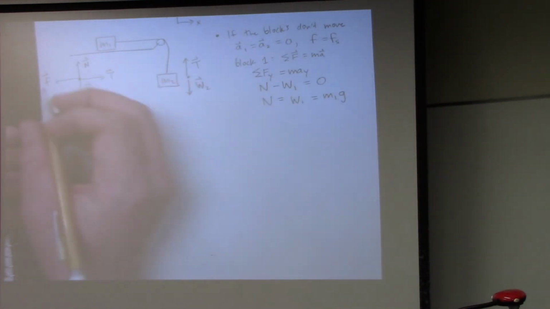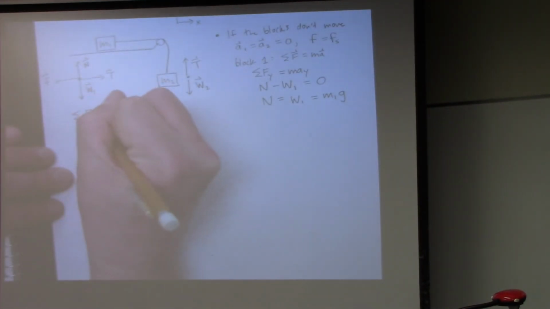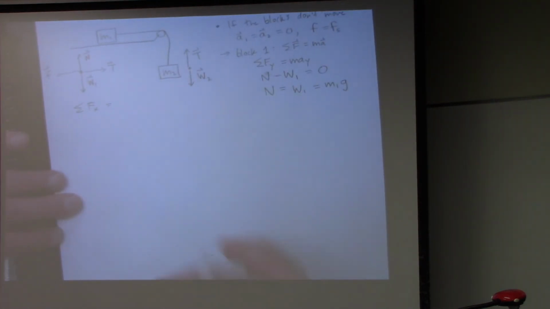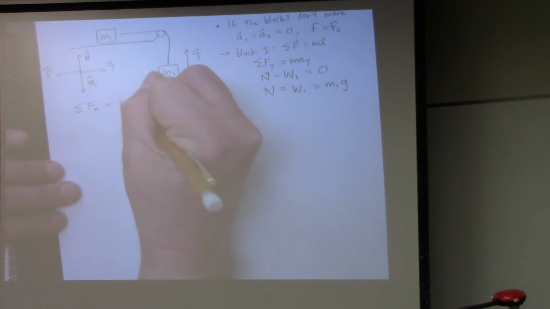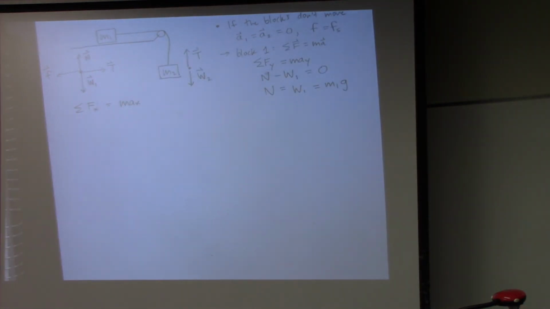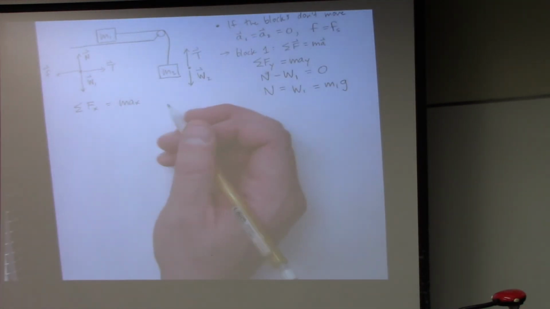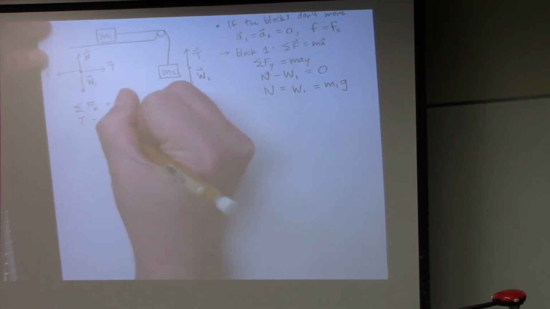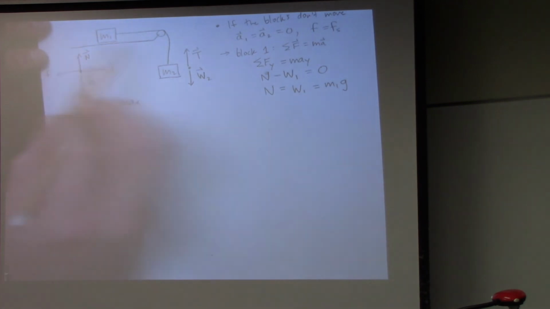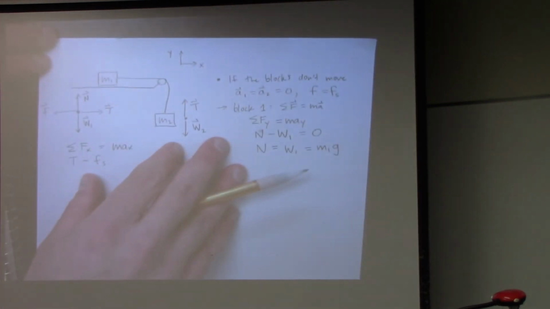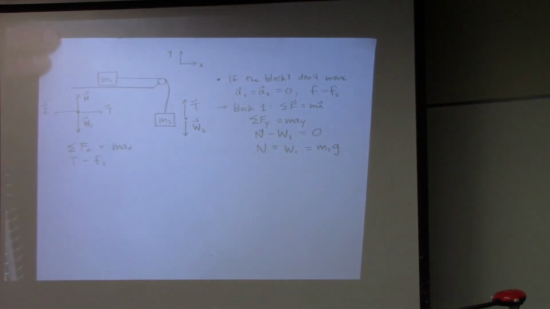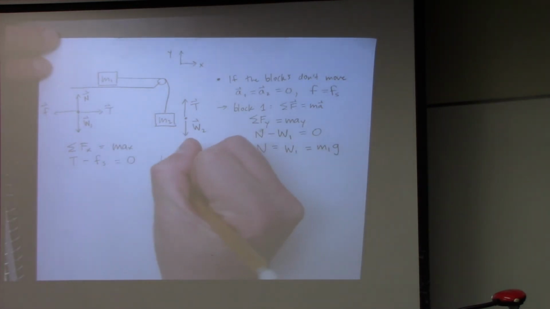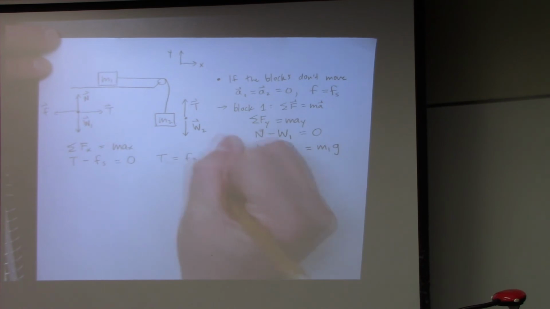So now let's do x. The net force in the x direction, we're still on block 1 here by the way, is equal to m times ax, but again that's just no acceleration at all, that's 0. So what we have is the tension minus the force of static friction, tension going in the positive direction, static friction going in the negative direction, equaling 0, which means the tension equals the force of static friction.